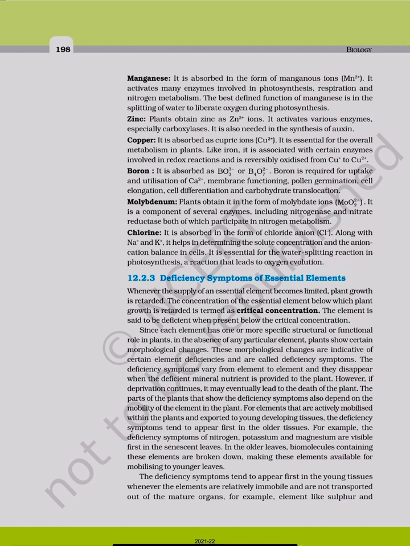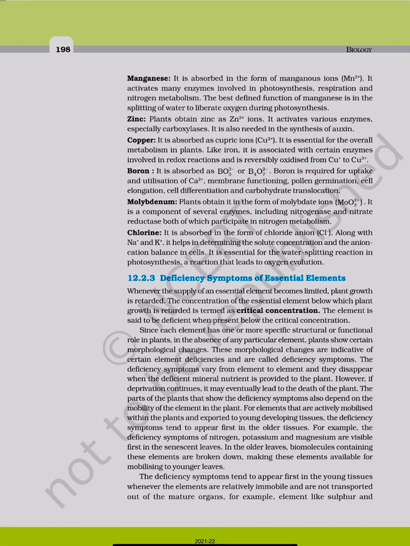The parts of the plants that show the deficiency symptoms also depend on the mobility of the element in the plant. Elements that are actively mobilized within the plants are exported to young developing tissues. The deficiency symptoms tend to appear first in the older tissues.